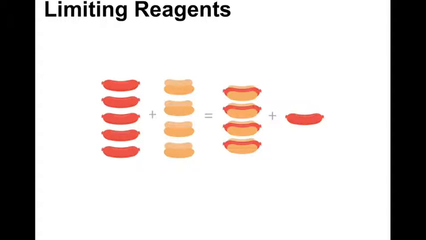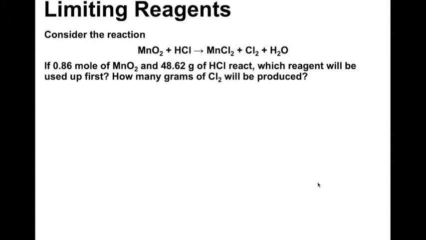So in this case, our limiting reagent is the bun, because the amount of the product, the hot dog buns, is dictated by the amount of the limiting reagent. And the excess reagent will be the hot dog. I hope this analogy is helpful to understand the meaning of limiting reagent and excess reagent.